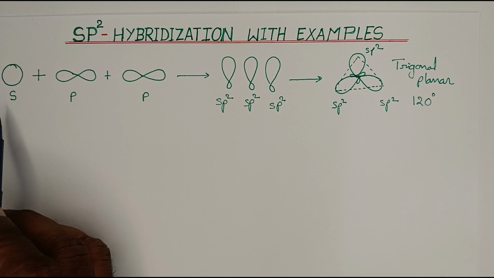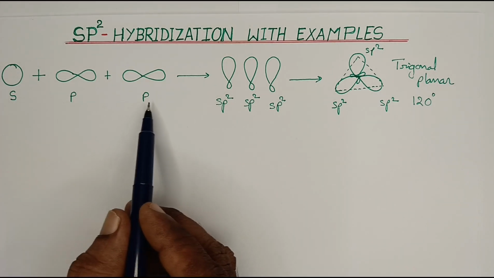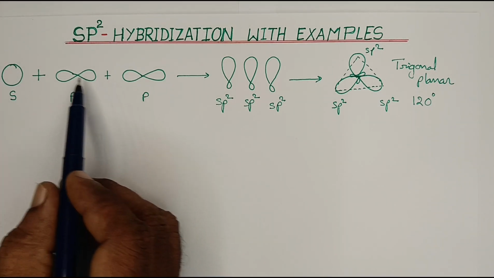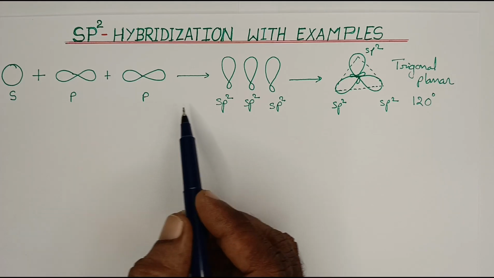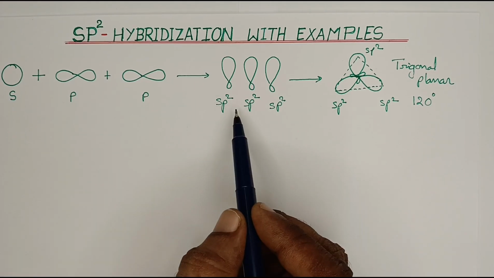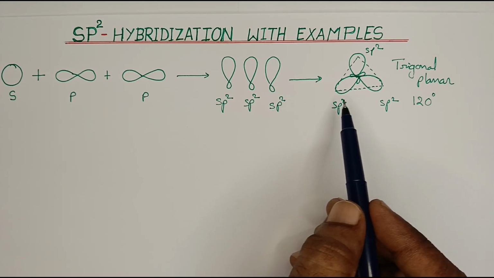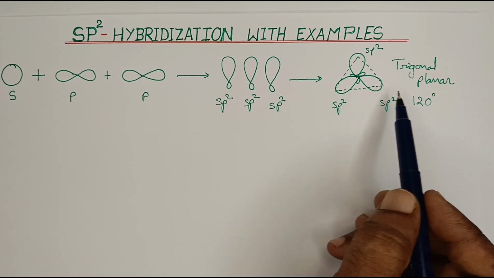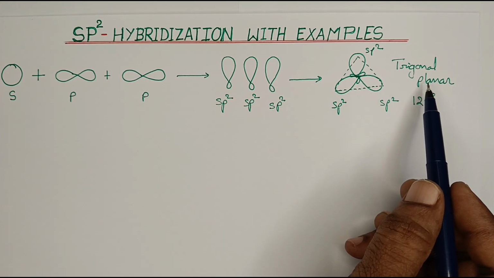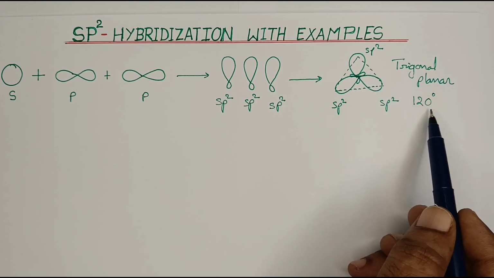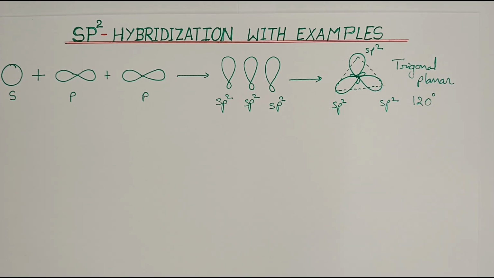So one s orbital and two p orbitals intermix together to form three sp2 hybrid orbitals which are arranged in a trigonal planar manner with bond angle 120 degrees.